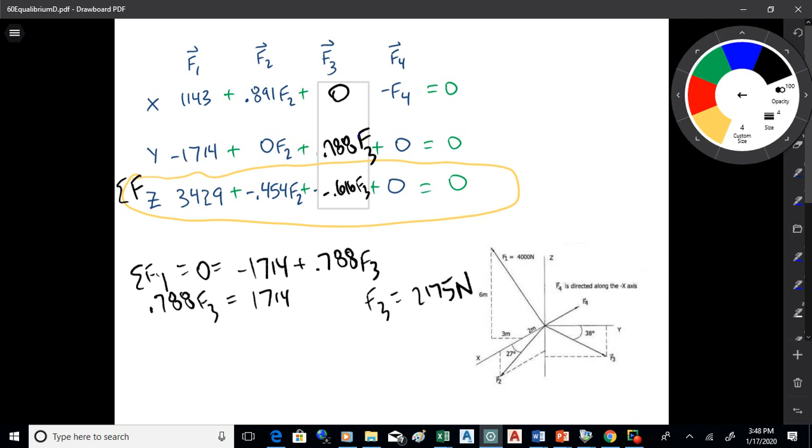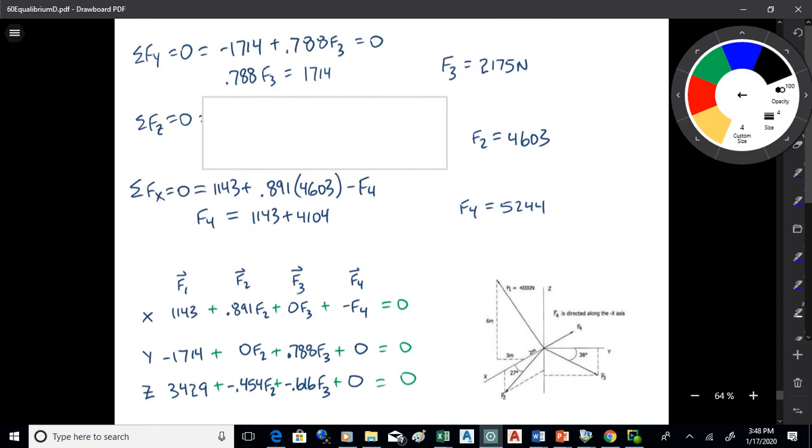So once you know what F3 is, you could solve the Z row now. You could also solve the X row. I guess you do Z next. So sum of Fz.